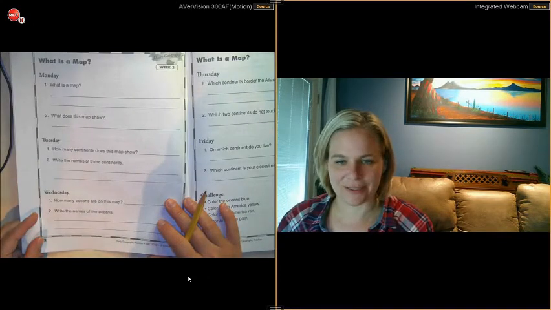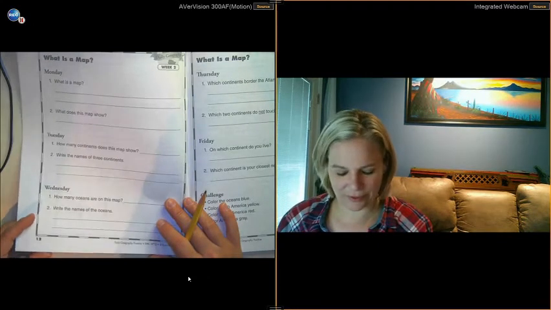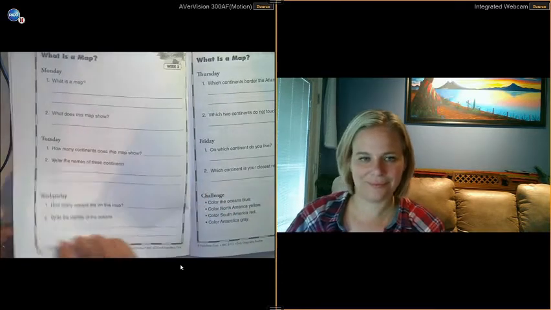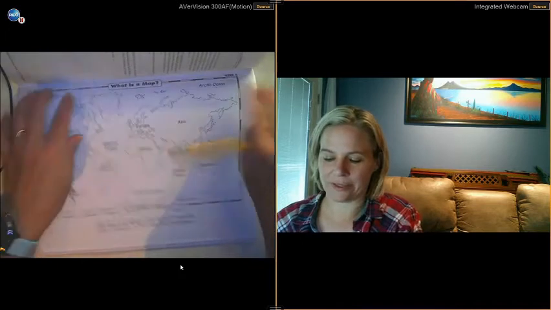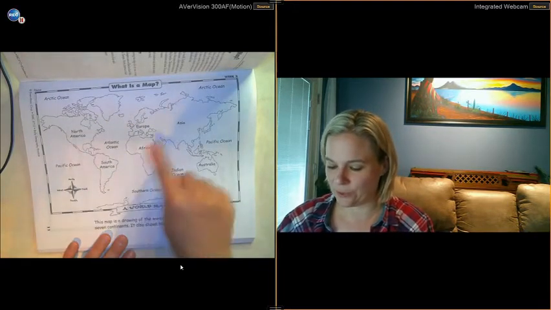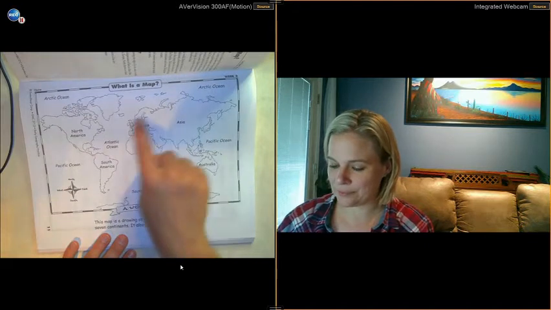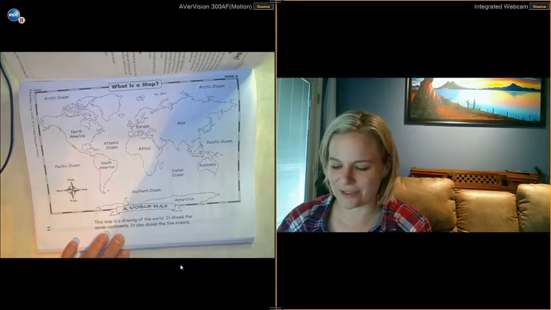How many continents does this map show? Well, what is a continent? It's a big piece of land, a land mass we call it. So when we put the map out like this of the world, we see some big chunks of land, and we've named them. There are 7 continents in our world.